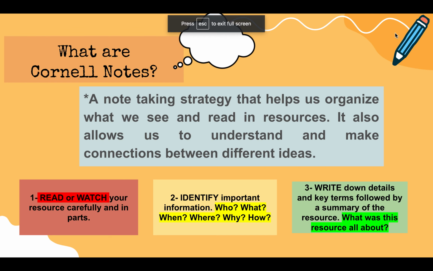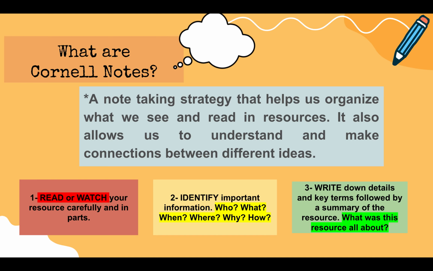Now remember, in order to use the Cornell Notes strategy effectively, we need to do 3 things. We need to read or watch our resource carefully and in parts. So remember, I stopped it after a minute and I started to take notes.